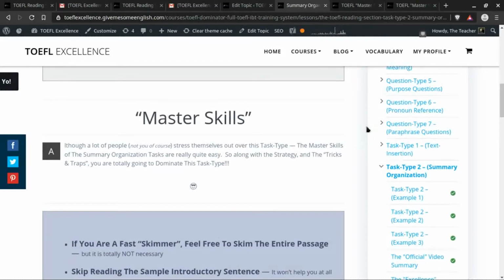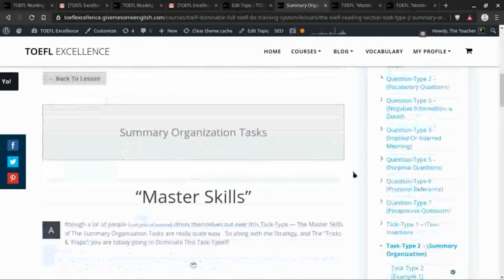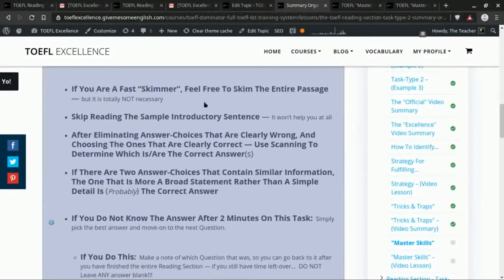All right, so the master skills for the summary organization tasks. First of all, if you're a fast skimmer, feel free to skim the entire passage. It's totally not necessary. Honestly, I think it diverts a person's attention away from what's really going on because when they're skimming it, they might get some sort of information in detail that they think is important, but they don't get to write their own summary.